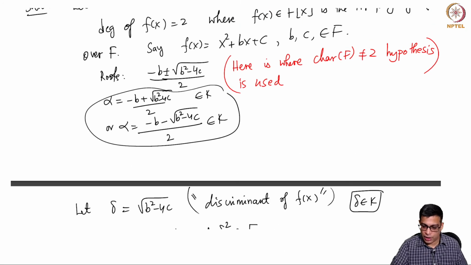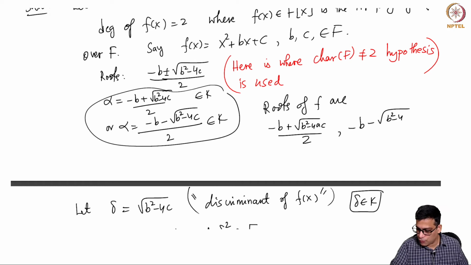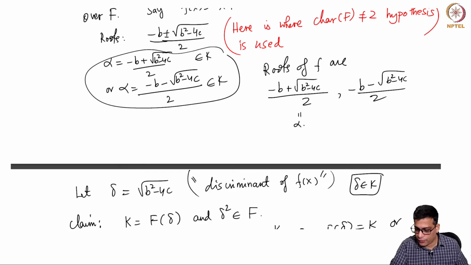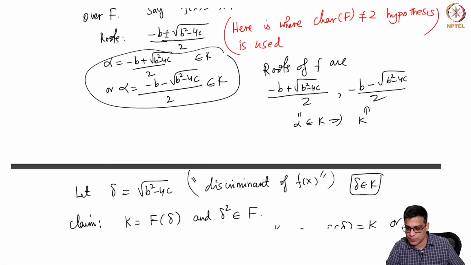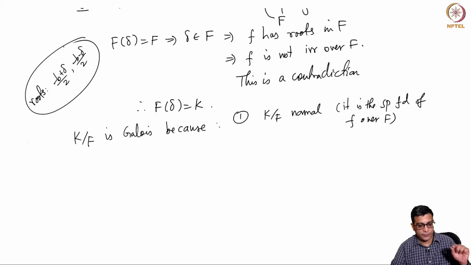Because the roots of f are minus b plus square root of b square minus 4c, divided by 2, and minus b minus square root of b square minus 4c, divided by 2. So the point is, if this is alpha and alpha is in K, this means this is also in K. This is a simple observation, because b square minus 4c is in K. So basically the roots are minus b plus delta by 2 and minus b minus delta by 2. If delta is there, then both are there.